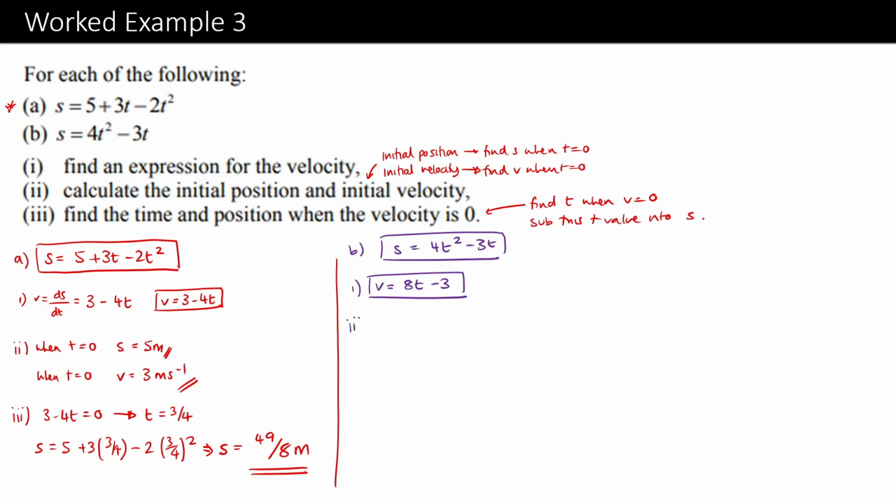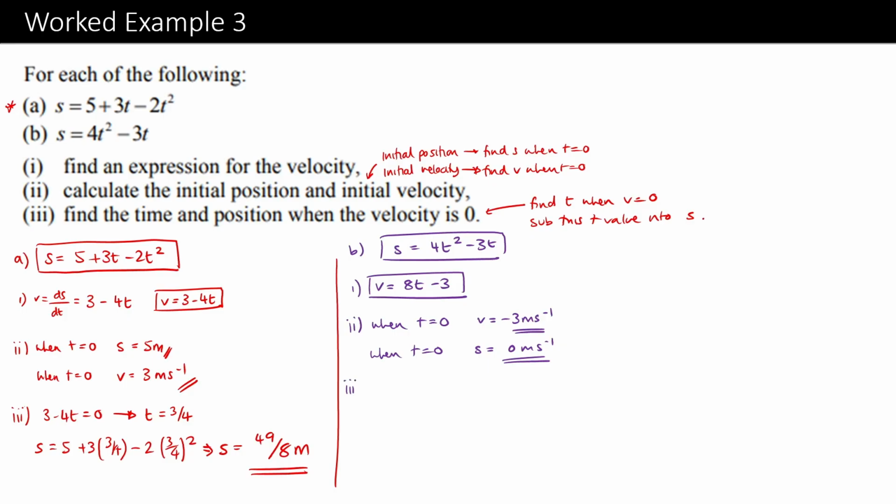Then for part 2, I substitute, so when t equals 0, V is going to equal negative 3. And when t equals 0, S is going to equal 0.